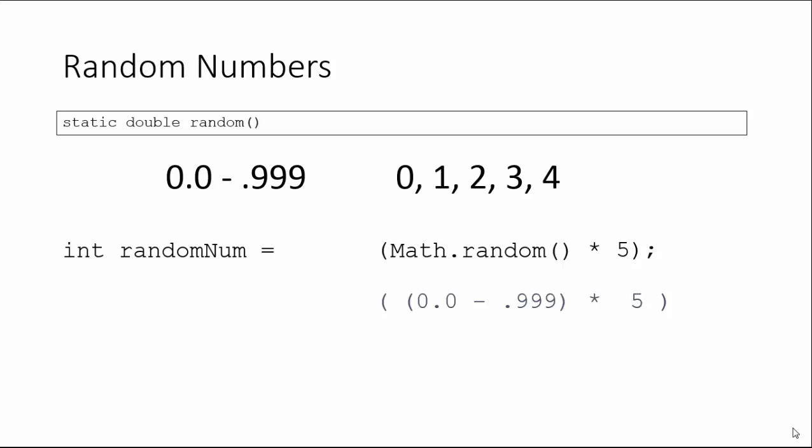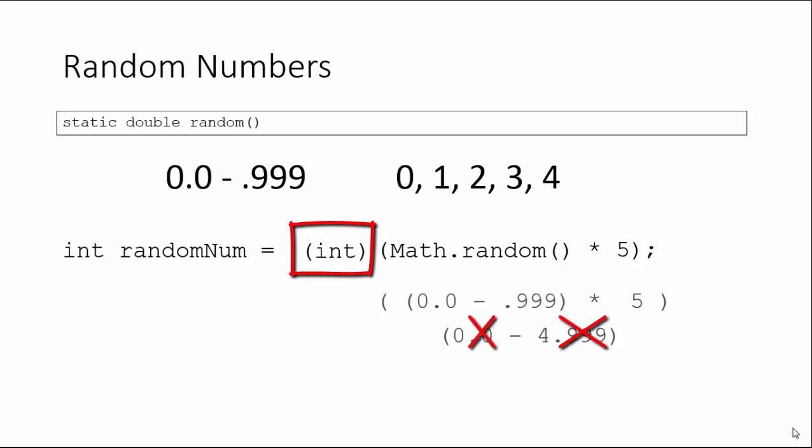Multiplying 0 by 5 will give me 0. Multiplying 0.999 by 5 will give me 4.999. So this will calculate some number between 0 and 4.999. After I've generated this double number, I will cast it as an int. Casting as an int will remove the decimal portion, and I will have a number between 0 and 4, or 0, 1, 2, 3, or 4.